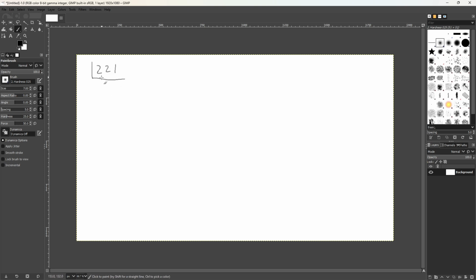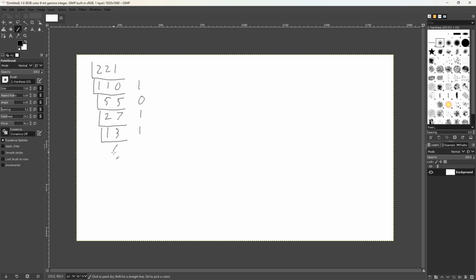221. So that is going to be 110 with a remainder of 1, which is exactly what I would expect. That's going to be 55, 55 with a remainder of 0. And 2 going into that is going to be 27 with a remainder of 1. That's going to be 13 with a remainder of 1.